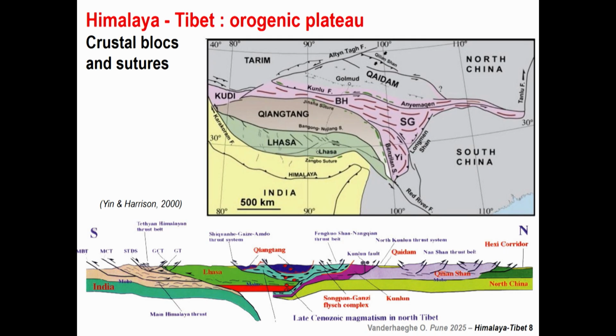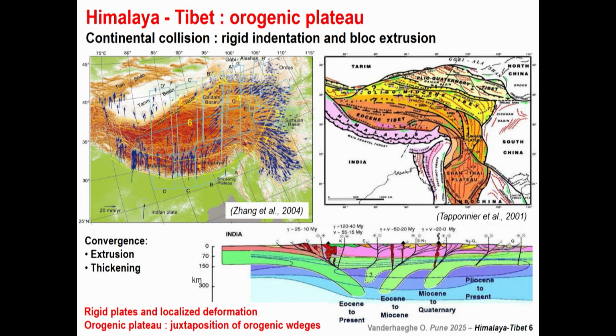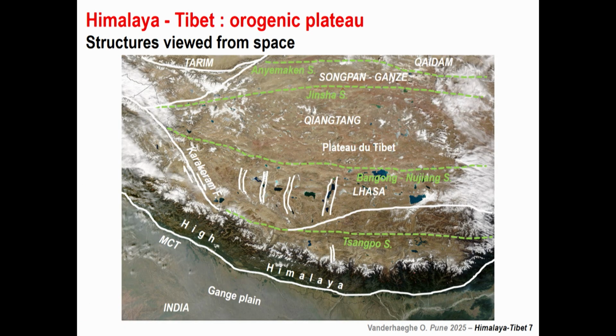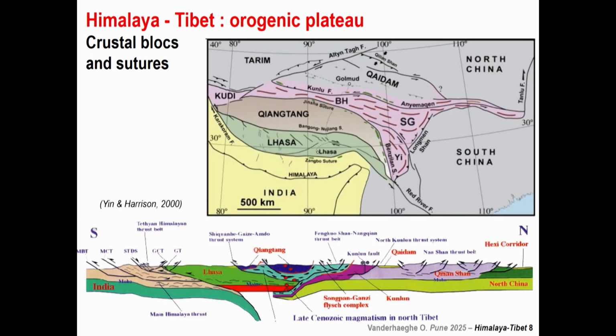And that's a similar view, Yin and Harrison 2000, similar to the one proposed by Tapponnier, with juxtaposition of several wedges, each of them associated with closure of one ocean with one subduction.